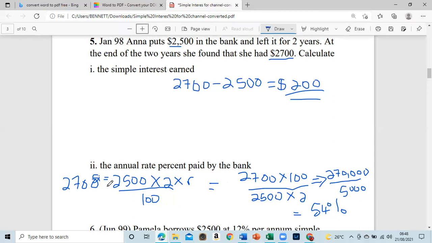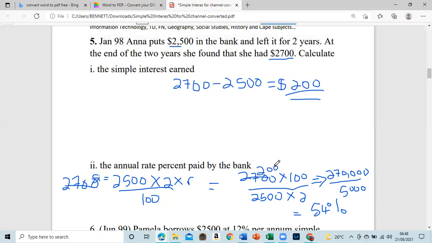Remember, it's the simple interest earned. This should have been 200, guys, because of the simple interest earned. I said there's no way it could be 54%, the rate can't be 54%. All right, let's check.